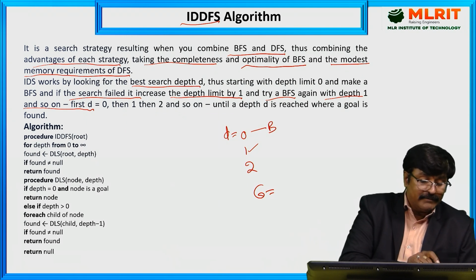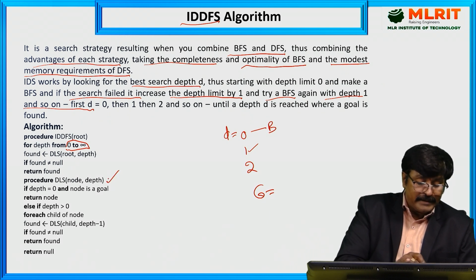So the algorithm is here. Procedure for depth: depth goes from initially 0 to infinity, and found equals DLS of root and depth, which we are defining. If found is not null, return found. Procedure DLS of node and depth: we identify which node and what depth level.